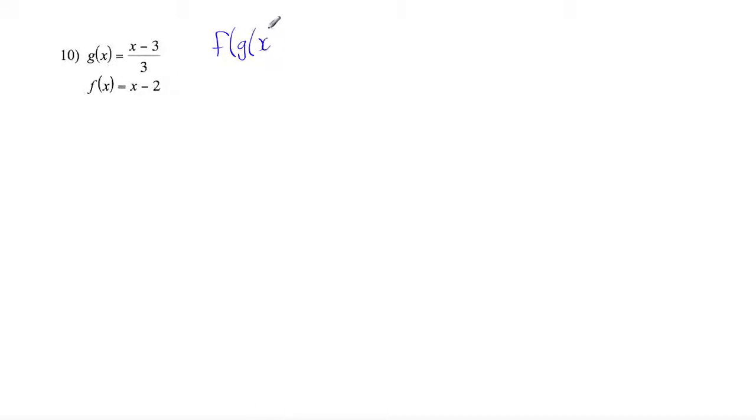So I'm going to start with f of g of x. I'm going to start with my f function, x minus 2, and I'm going to replace my x with this function. So I have my g plugged into my x function. So I get x minus 3 over 3 minus 2. That's going to be 6 over 3.